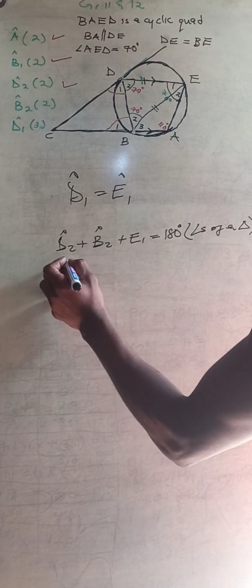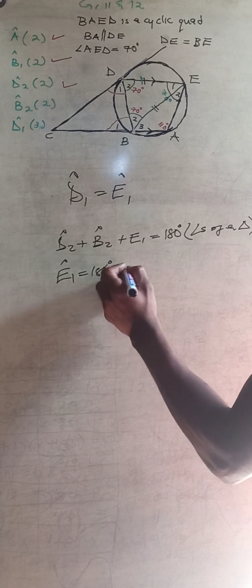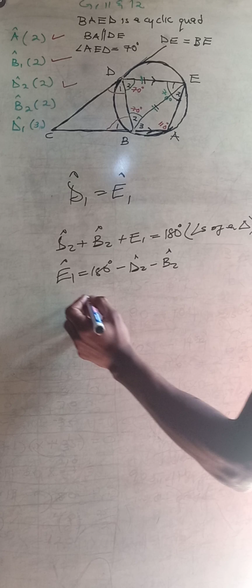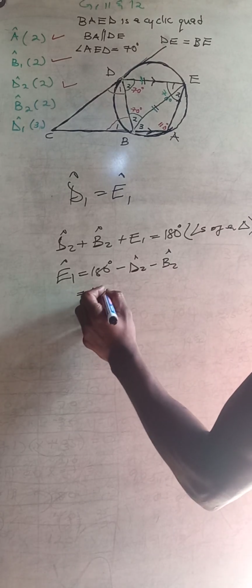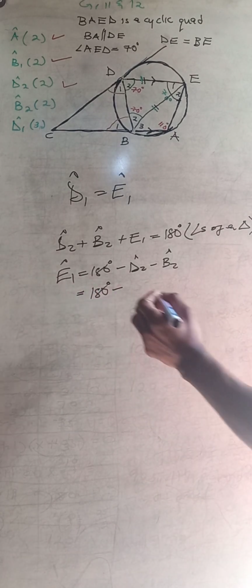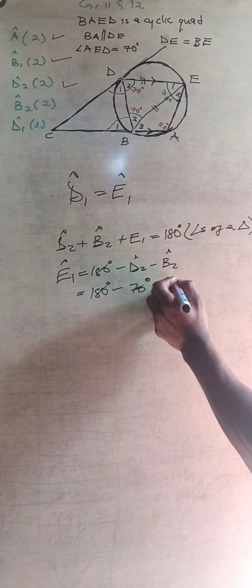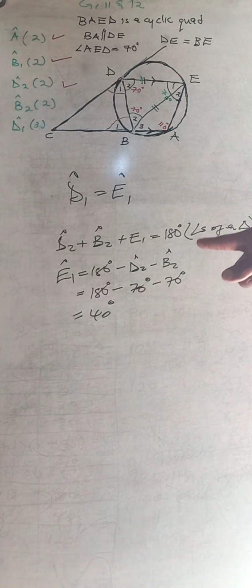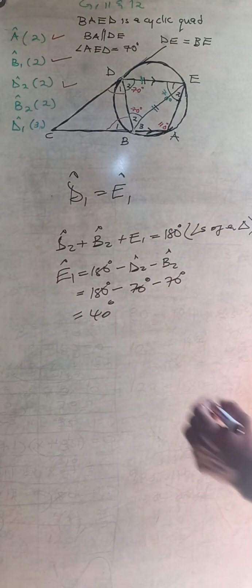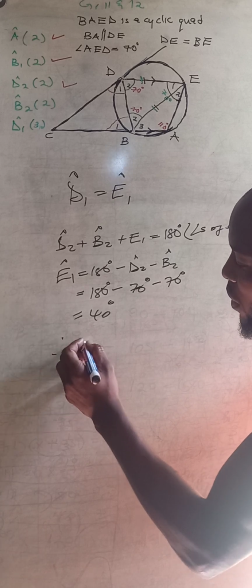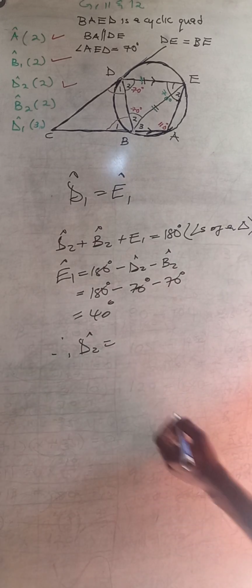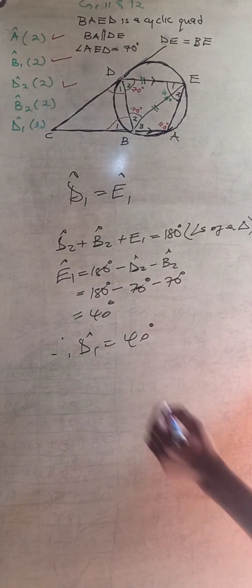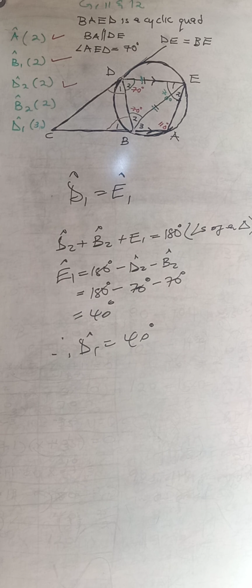So angle E1 is equal to 180 degrees less angle D2 less angle B2, right? This is 70 degrees, and this is 70 degrees. So this will give us 40 degrees. So E1 is equal to 40 degrees. If E1 is 40 degrees, therefore D1 is also equal to 40 degrees, right?